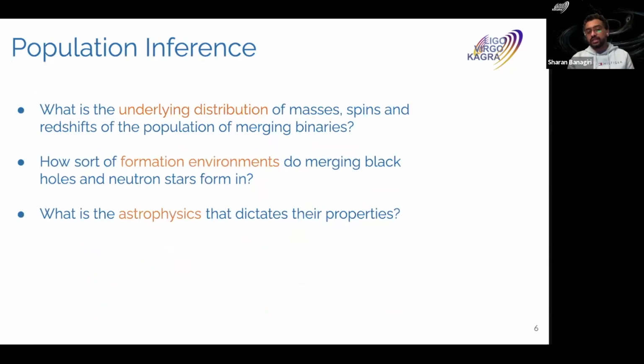So we want to ask questions like, what is the underlying distribution of masses, spins, and redshifts of the population of merging binaries? What sort of formation environments are these binaries forming in? What sort of formation environments are black holes and neutron stars forming? And what is the astrophysics, and maybe the stellar physics, of their progenitors that dictates their properties?